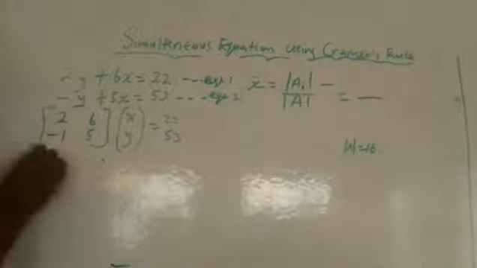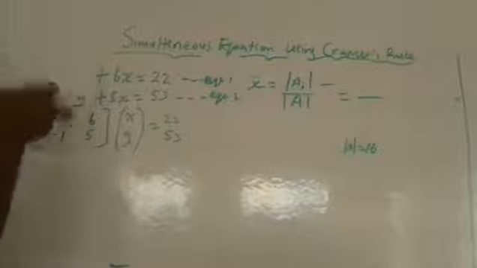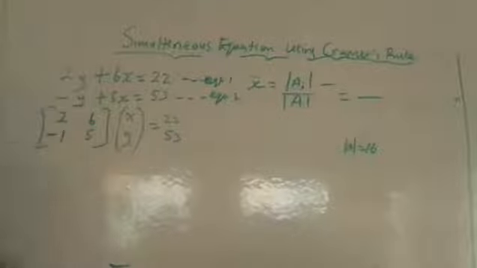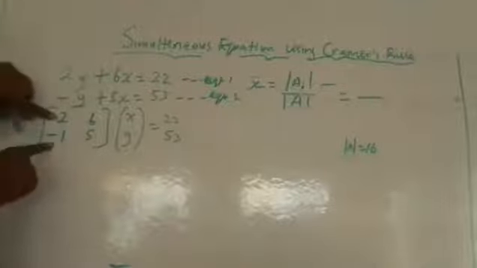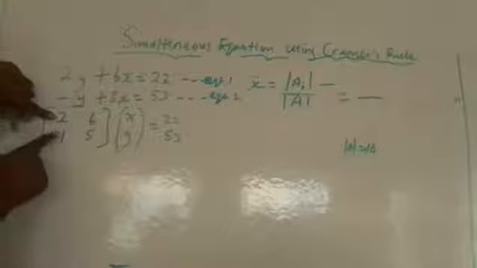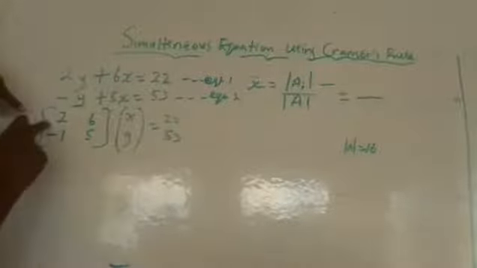Now, having gotten our determinant, if you want to get your x or your y, let's start with y. If you want to find your y, you remove the coefficient of y, take it away, and replace it with the constants.